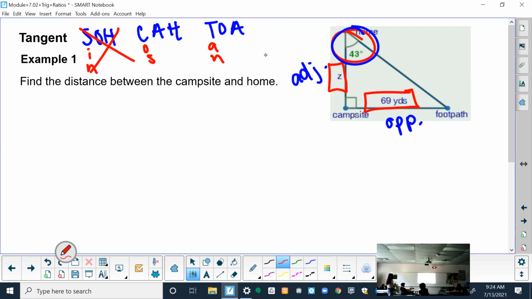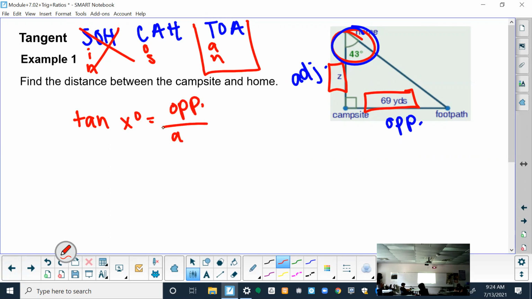Good. This one's the only one that has opposite and adjacent at the same time. So write down your function rule for tangent. It's tan x degrees equal to opposite over adjacent.